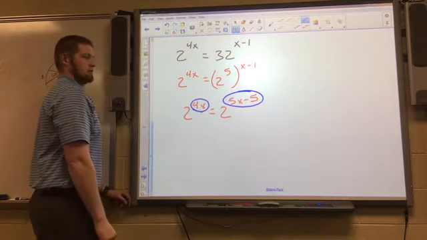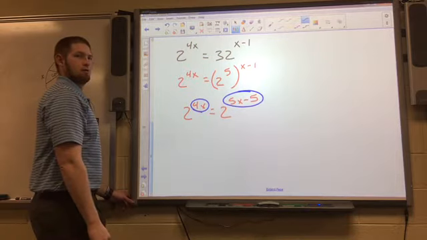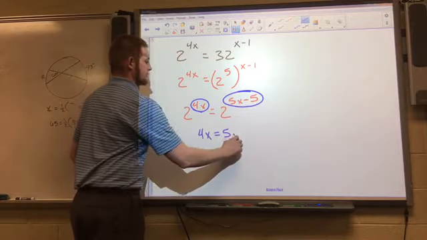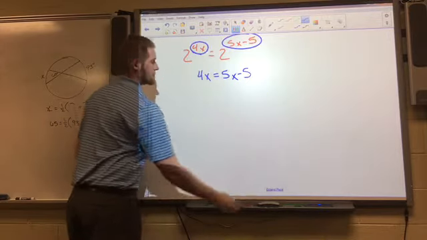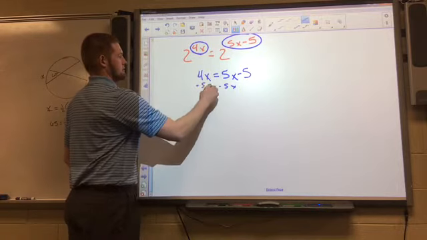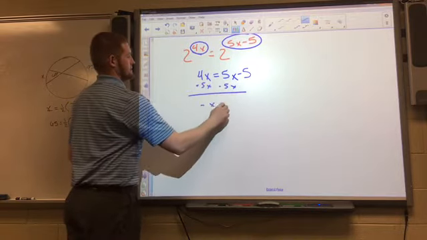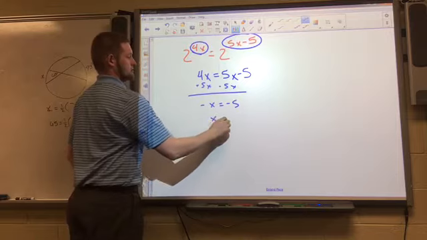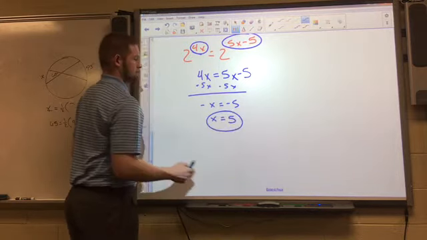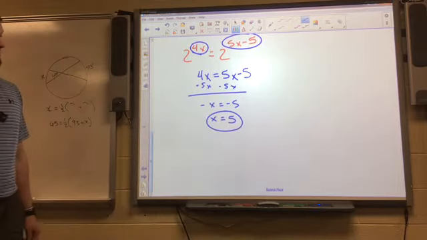Equal. So I do 4x equals 5x minus 5. And then from here I'm just solving. Subtract 5x. Negative x equals negative 5. x equals 5.